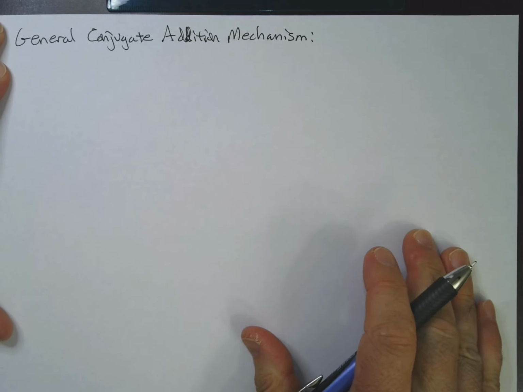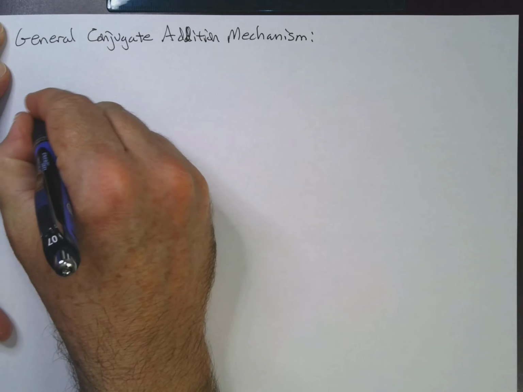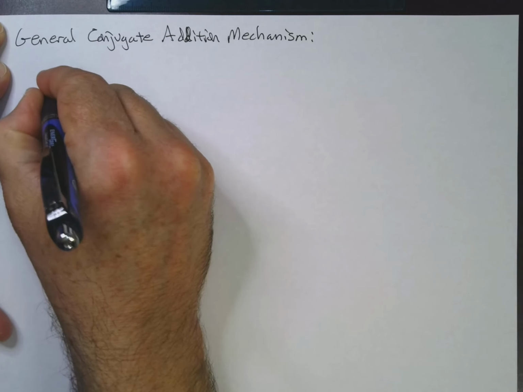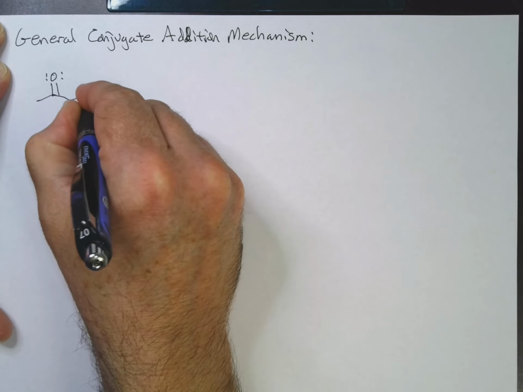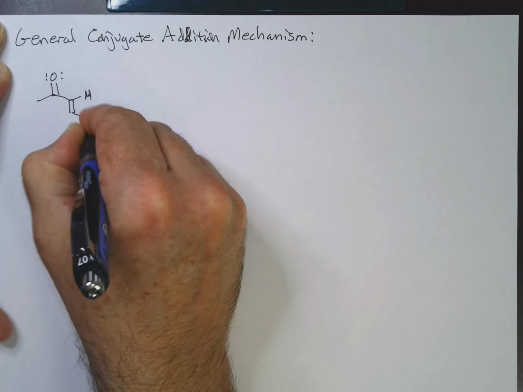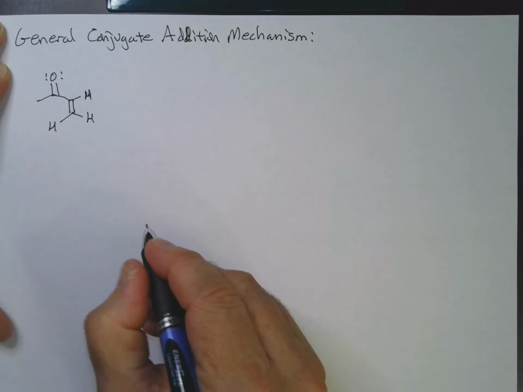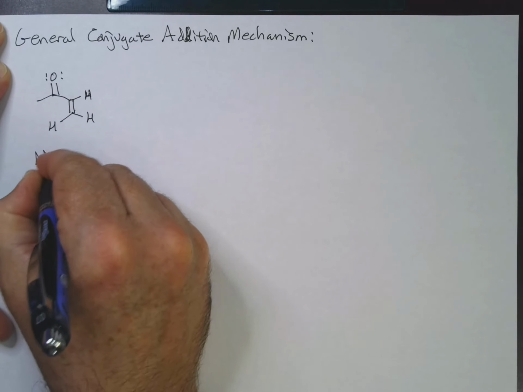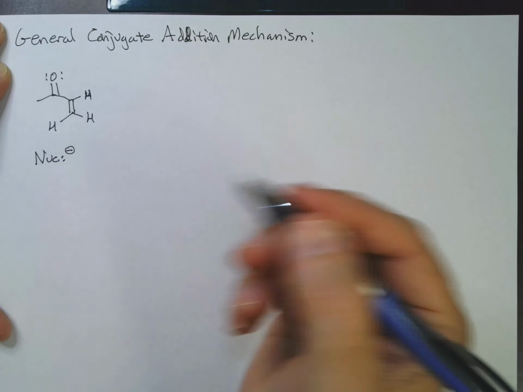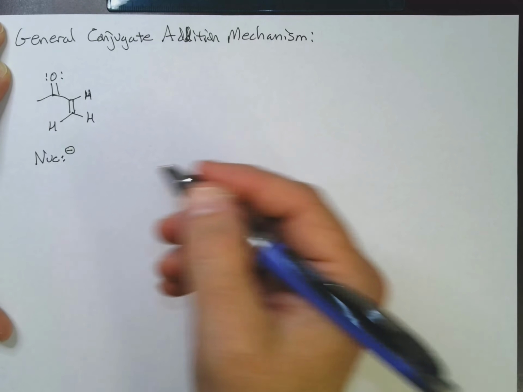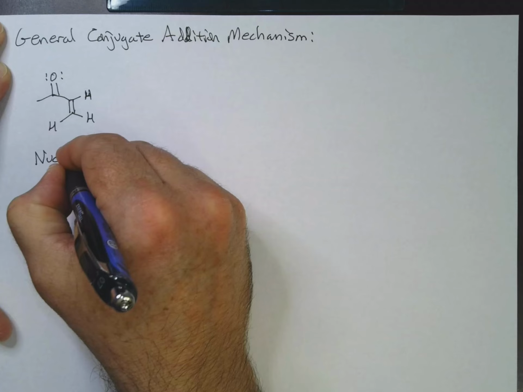Okay, so let's just take the following ketone, and we will take some kind of nucleophile. So this could be our Gilman reagent. It could be something else. It could be an oxygen nucleophile. It could be a nitrogen nucleophile.